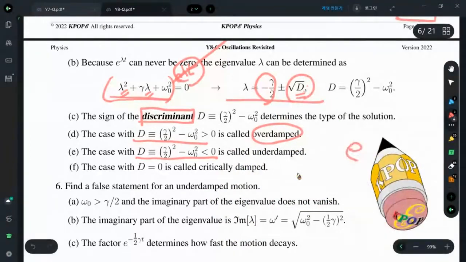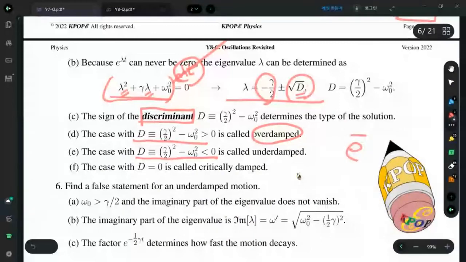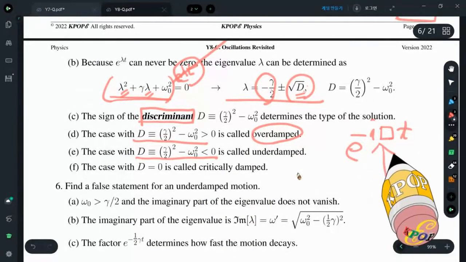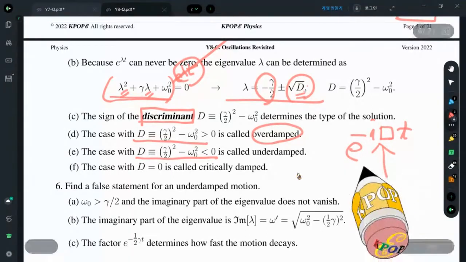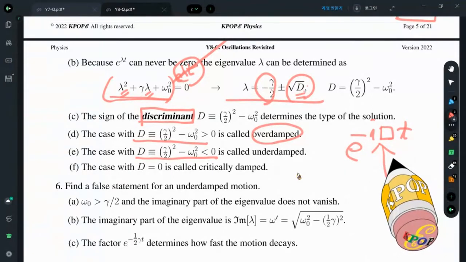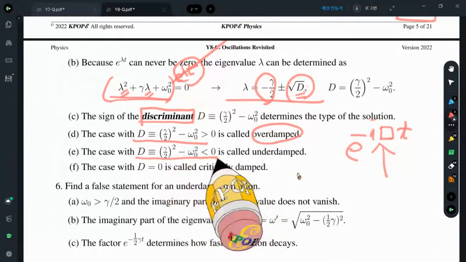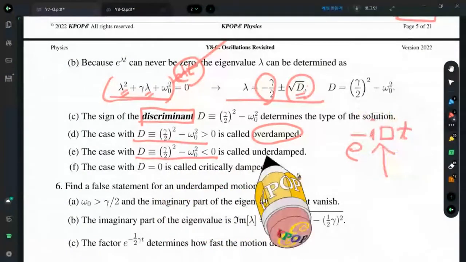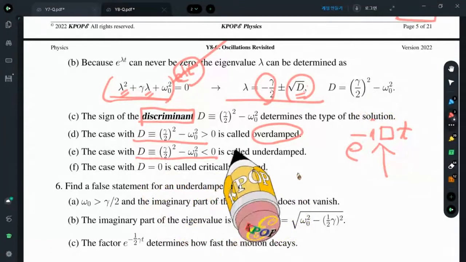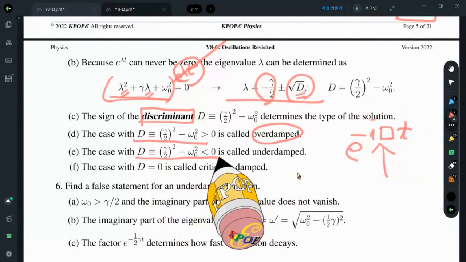And we know we have exponential minus i something t. Aha, it is related to a linear combination of sinusoidal functions. Therefore, this imaginary eigenvalue lambda represents the oscillating behavior.